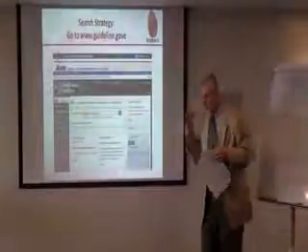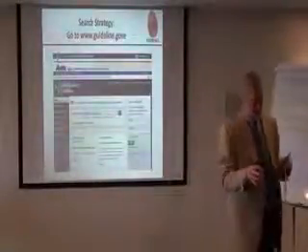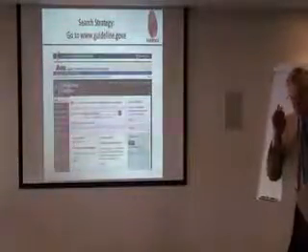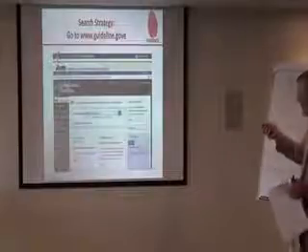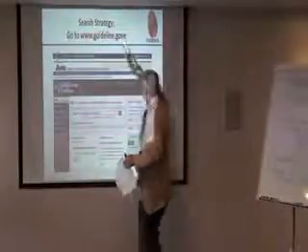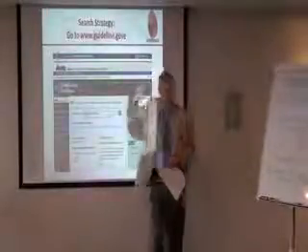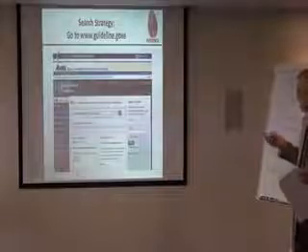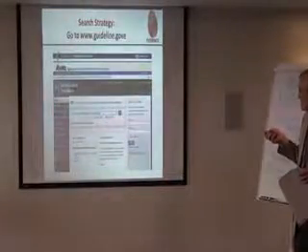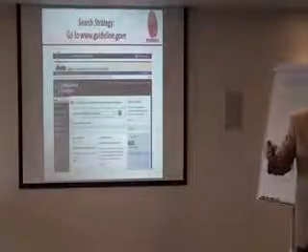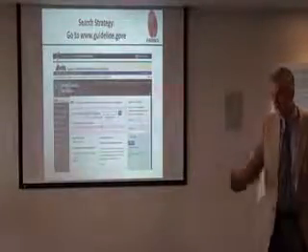Now, the best place on the World Wide Web to go for guidelines is this site right here: guideline.gov, without an E. It's the website for the Agency for Healthcare Research and Quality, a US government website that collects guidelines.